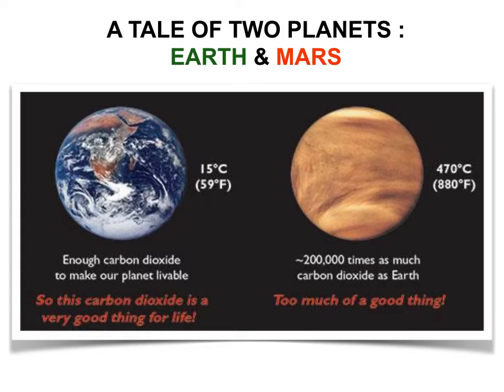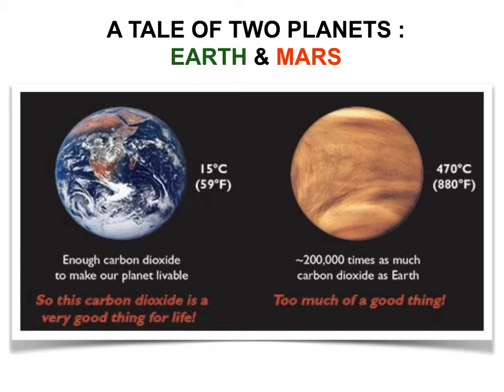Now let's talk about two planets. One is Earth and then Mars. Both of them are located at almost similar locations with respect to the sun, but Earth's temperature is around 15 degrees centigrade, while that of Mars is 470 degrees centigrade.